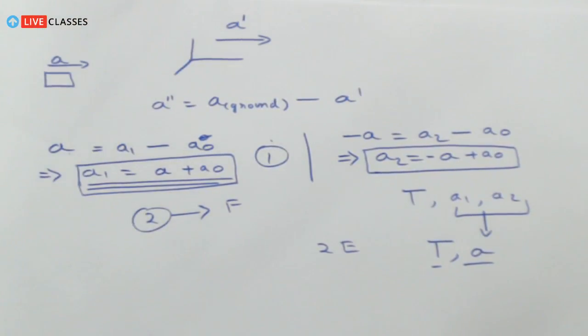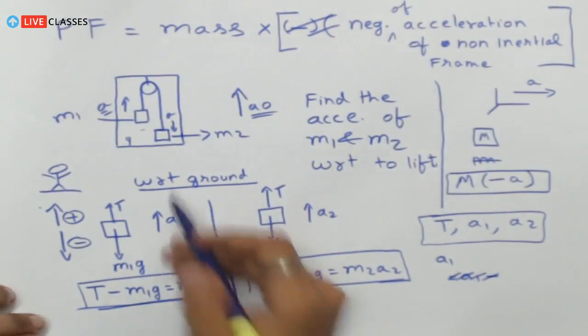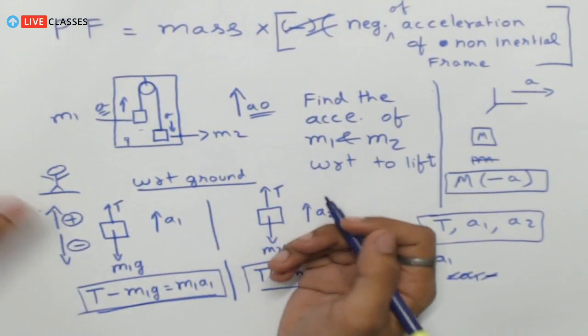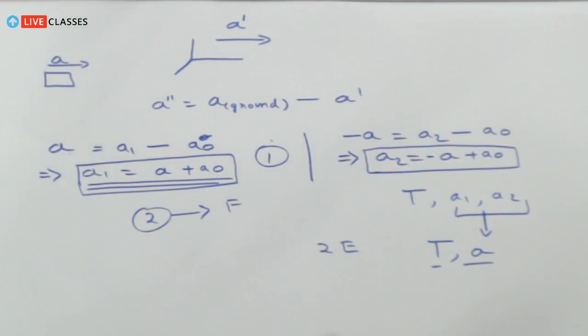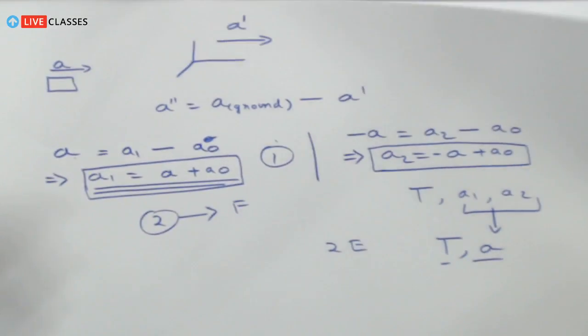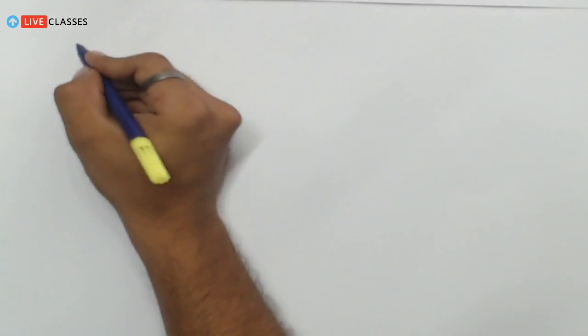As you can see, we have to use a little bit of knowledge if we try to do it with respect to the ground. But if you do this question with respect to the lift, the non-inertial frame, then it is very easy. See, I will make you understand. We will do this question with respect to the lift.